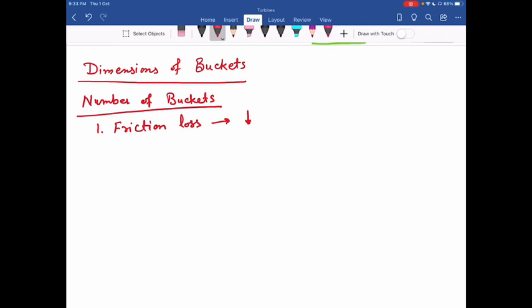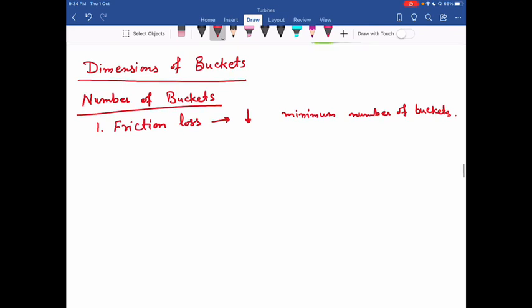So this loss should be minimum if we have a minimum number of buckets. As the number of buckets increases, this friction loss increases. So this says we should have a minimum number of buckets on the runner.